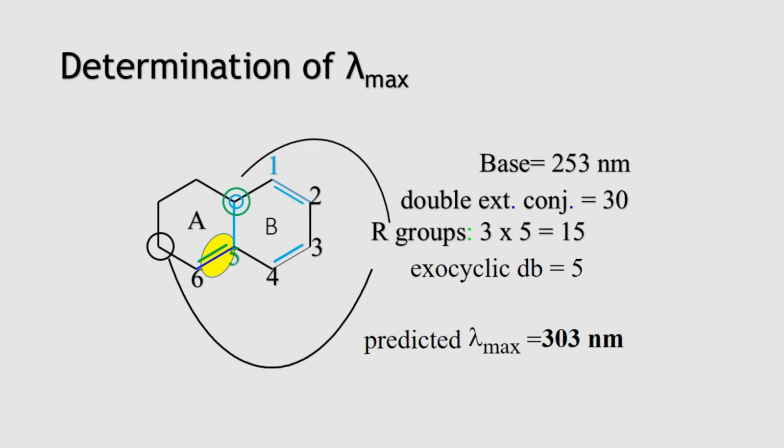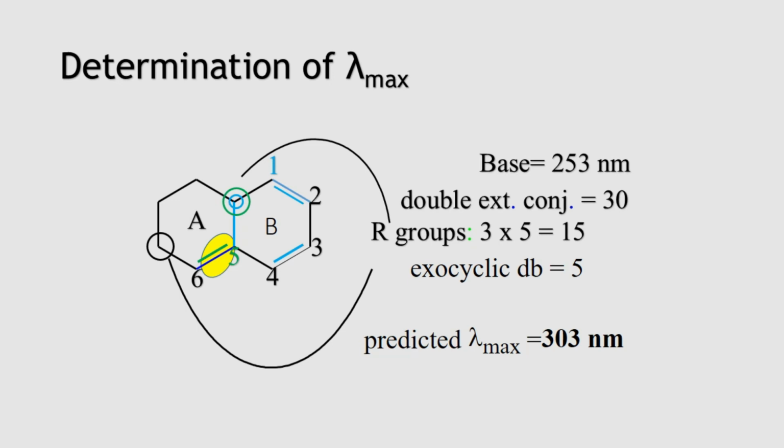So both times we can consider it, so it is a 2 times influence, and that's why we consider 2 ring residues, one for the first carbon atom and second for the fifth carbon atom. After that, the sixth carbon atom is also attached to another carbon atom by a single bond, so that we can also consider as a ring residue or alkyl substitution. So the total number of ring residue or alkyl substitution groups is 3 into 5, that's why I can consider 15 nanometer.